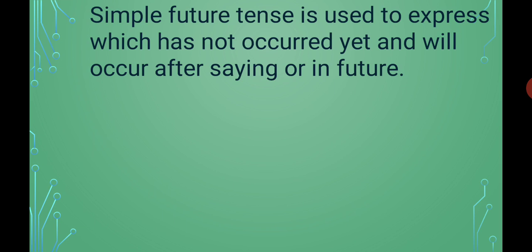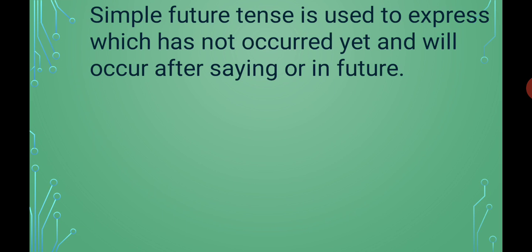If we are talking about something that will happen after some time, in that case we use the helping verb of future tense and we write the verbs in a future tense form.